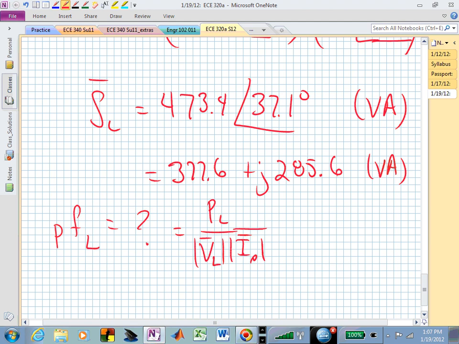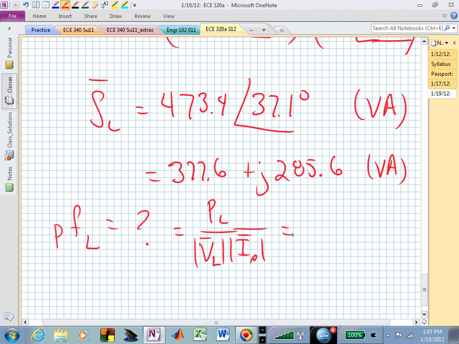That's the 473.4. So now I have 378 divided by 473, or I have the cosine of 37.1. Hopefully all of these numbers are the same.